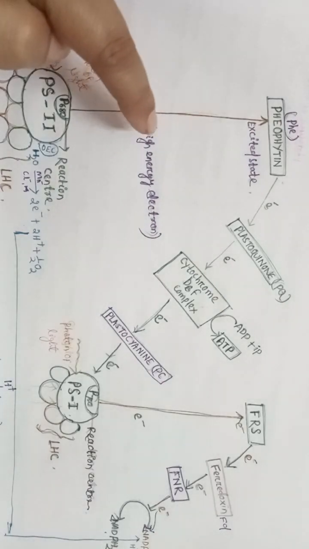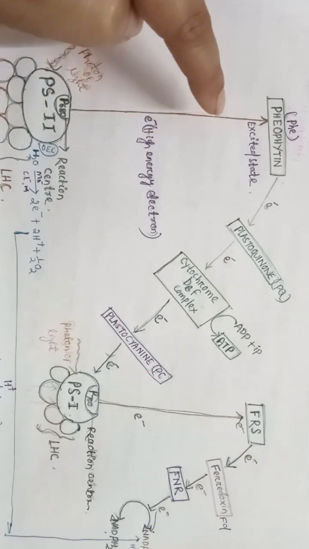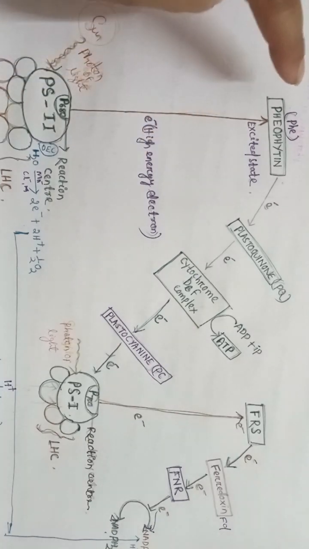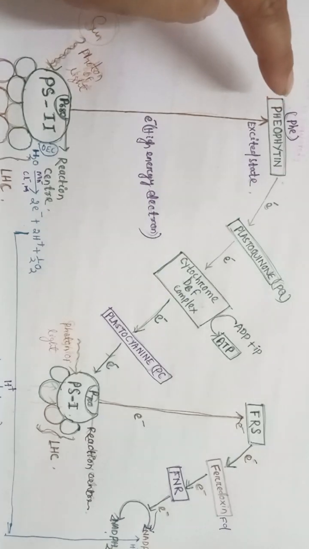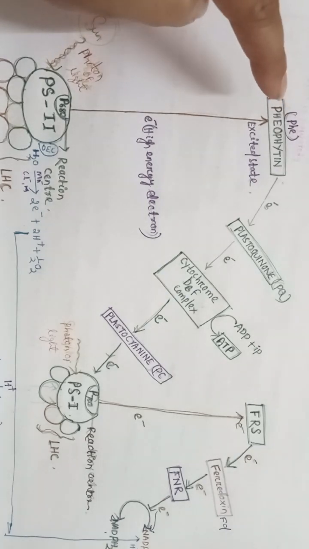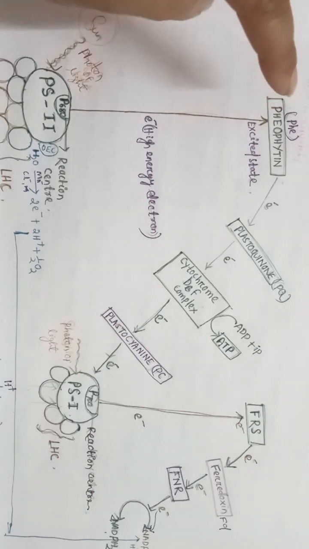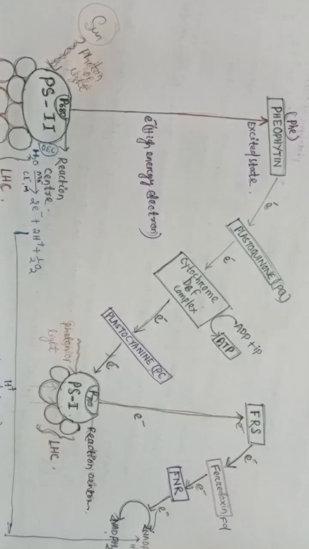And this high energy electron is accepted by the primary electron acceptor present in the thylakoid membrane, named pheophytin. So, the first electron acceptor of photosystem 2 is pheophytin.